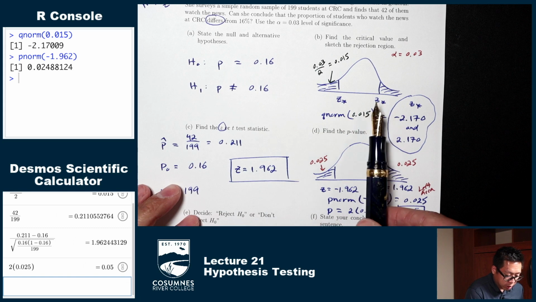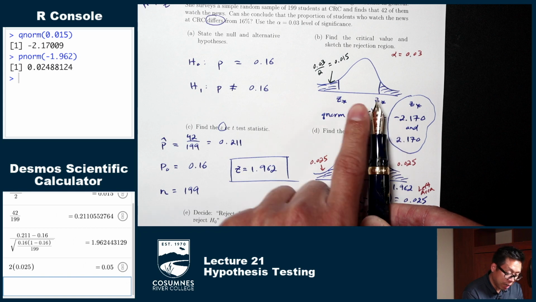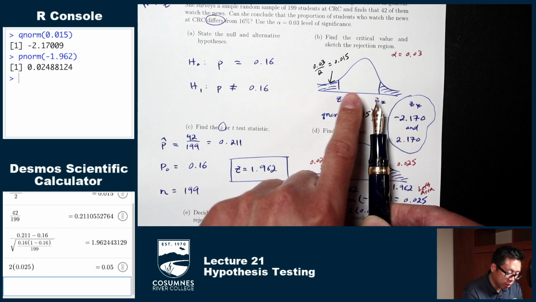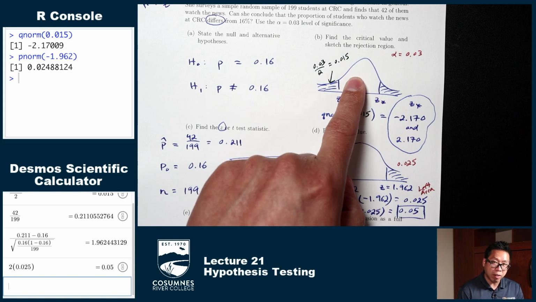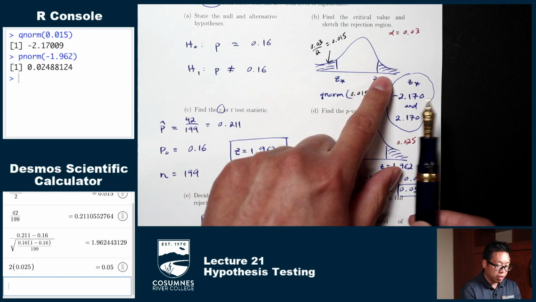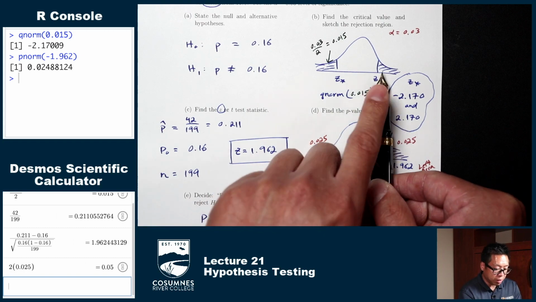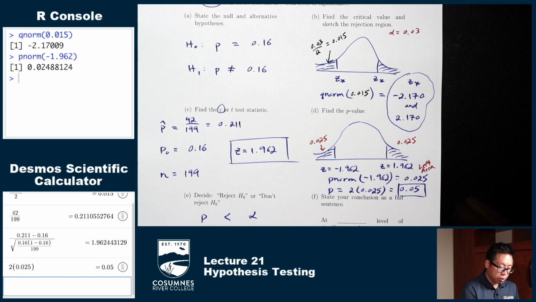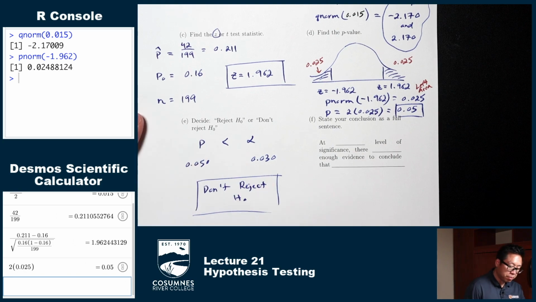So here is 2.170. 1.962 would be slightly to the left of that, right? Because it's less. Would you put it in the unshaded zone? If you're in the unshaded area, you don't reject. If you're in the shaded area, you reject. So because 1.962 is in the unshaded part, you don't reject, which actually matches our p-value approach. So we probably are on the right track here.